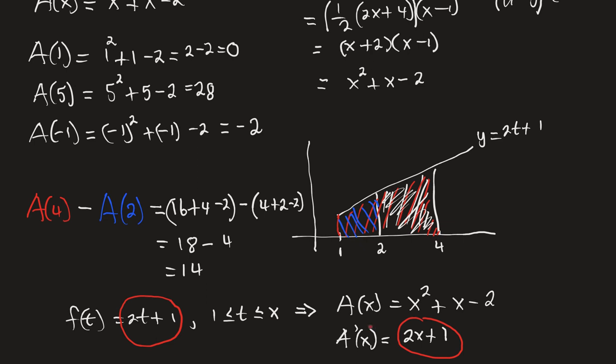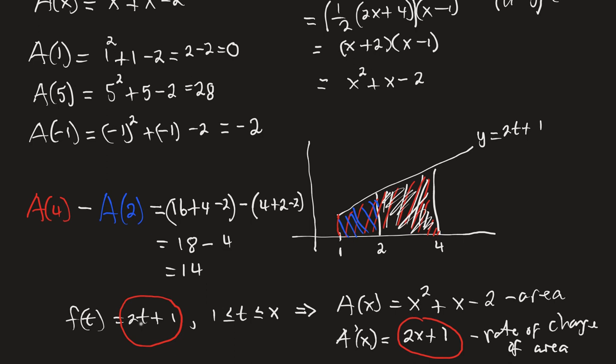So this is the derivative of the area function. Now remember what a derivative means. It's a rate of change. So this being the area function, this is the rate of change of area. But look at how similar these two functions are. In fact, the only difference is that the original function is in terms of t.